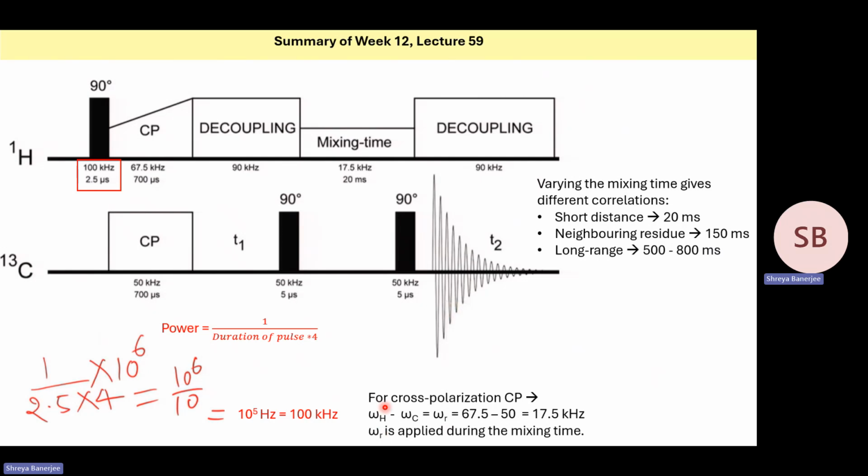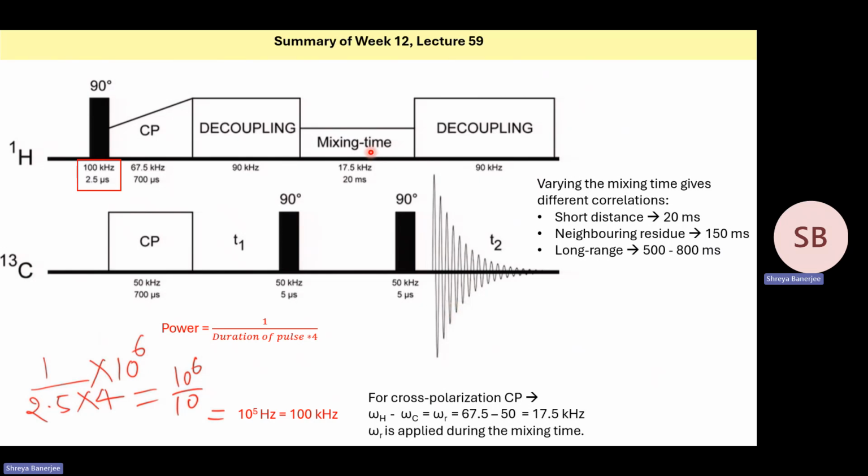Omega hydrogen here is 67.5 kilohertz, omega carbon is 50 kilohertz. So the omega rotor during the cross polarization should be 17.5 kilohertz. This omega R is applied during the mixing time.